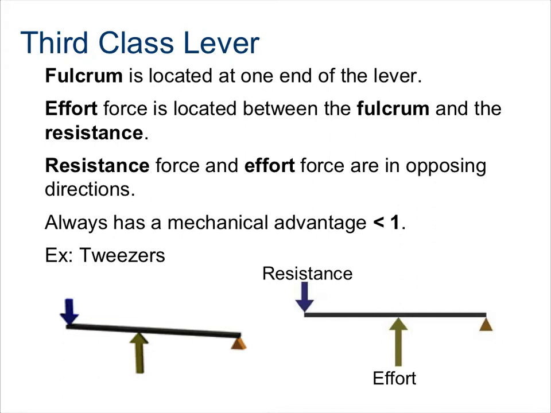The third class lever always has a mechanical advantage of less than 1. Examples of this would include a human arm, catapult, or tweezers. So in the picture below, you can again see that the distance of my effort is much smaller than the distance of my resistance from the fulcrum or pivot point. So therefore, we'll have a mechanical advantage of less than 1.